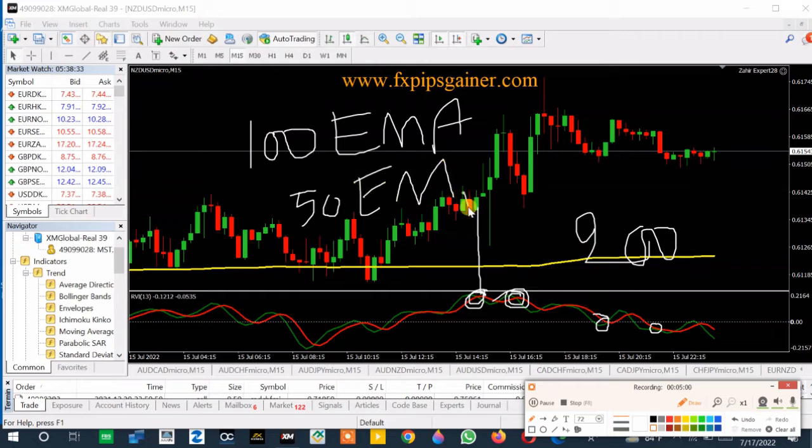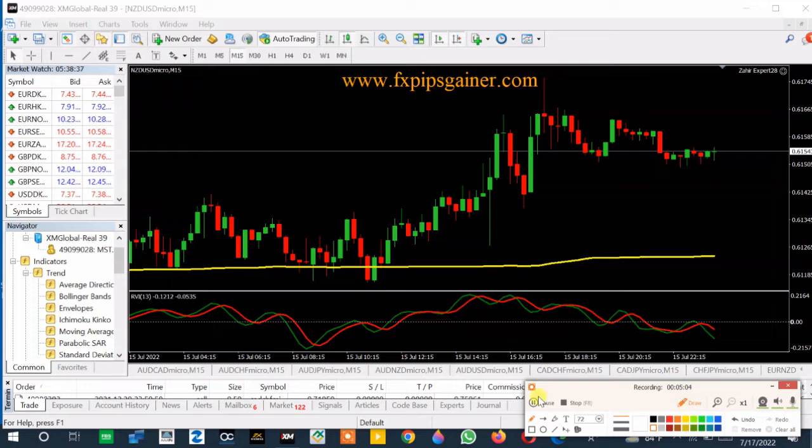So in this area, this is a good entry signal because the market is in the oversold area, the trend till now is up, and price is above the 200 EMA.